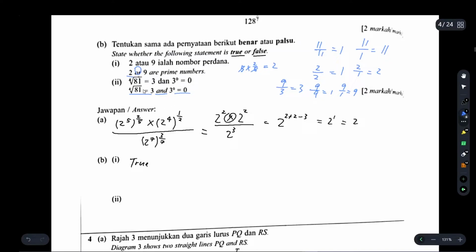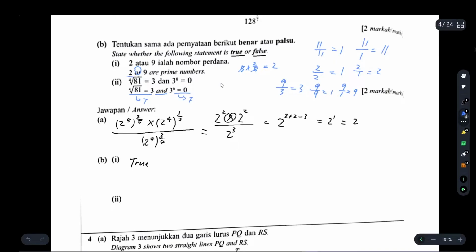So if you are lazy enough like me, just press the square root on the calculator. We have 3. So this is true apparently. And here, this is false.